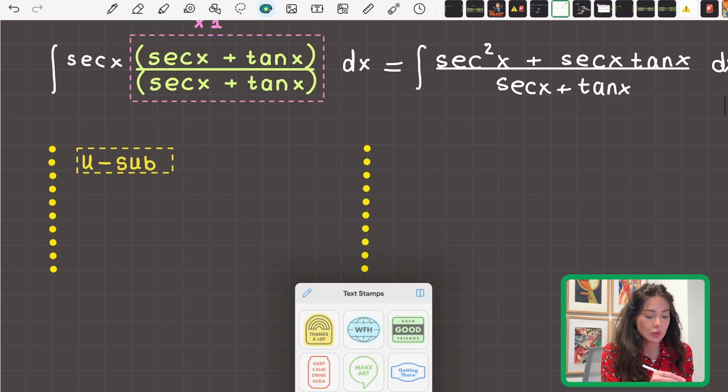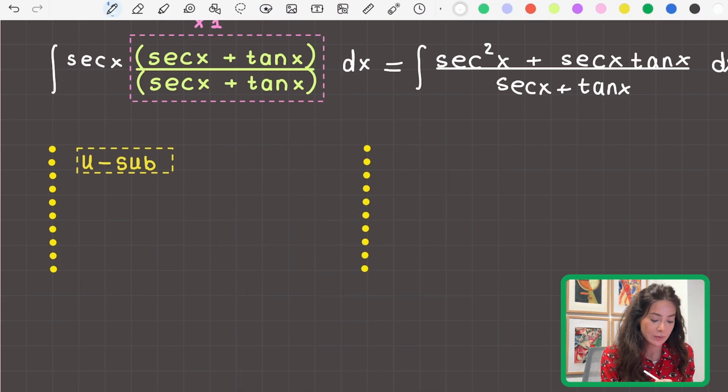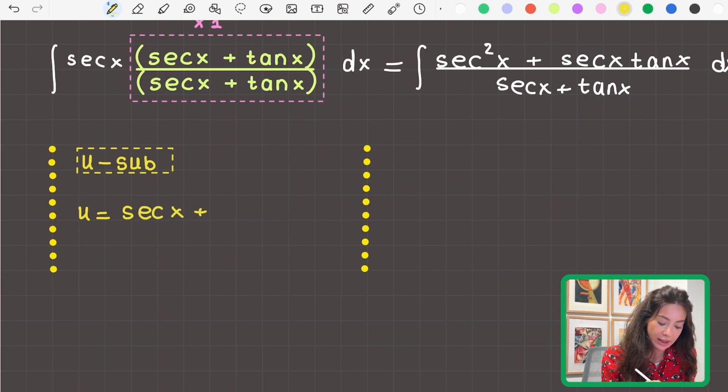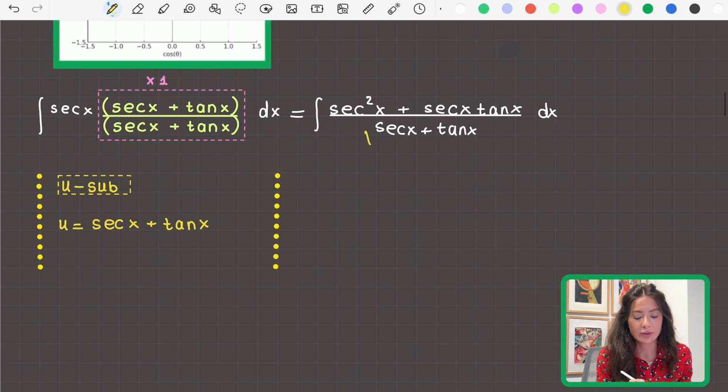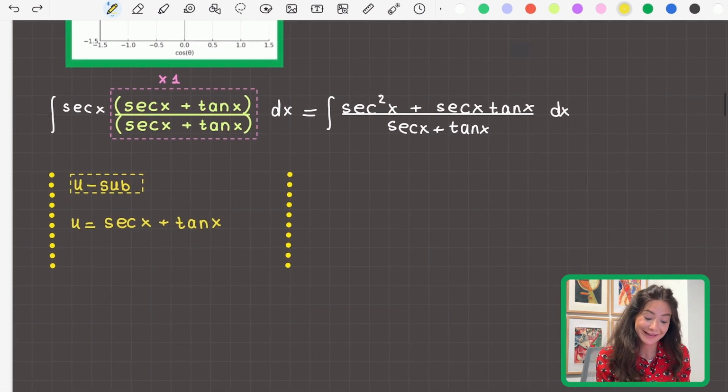I'm obviously going to do a u sub, because u sub is what makes awful looking integrals look so much nicer. Usually you want to get your denominator to be u. And then your next challenge is, do you have the derivative of u sitting in the numerator? In this case, you do.